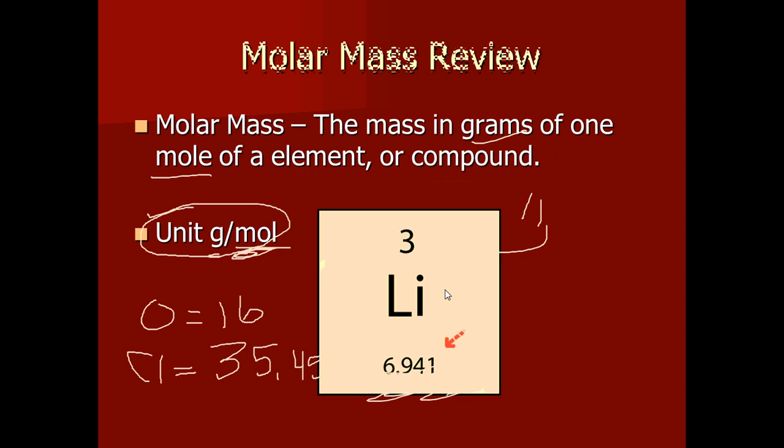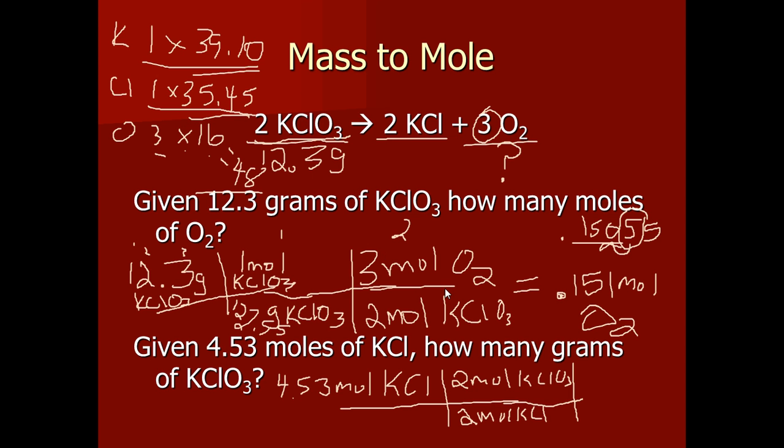Okay, so we're going to go back to that slide. So I'm going to put grams over 1 mole. And oh, lucky us, we already found how much KClO3 weighs down here. It's 122.55.